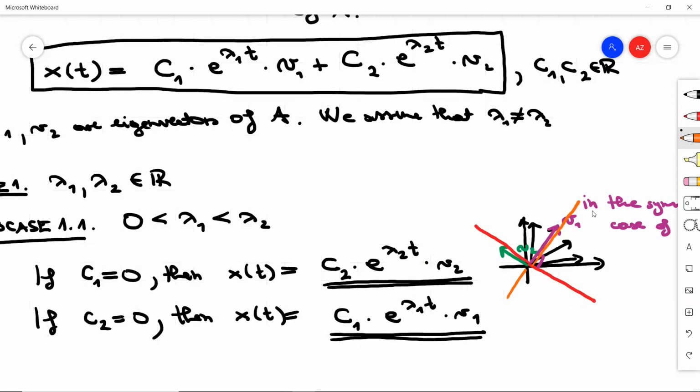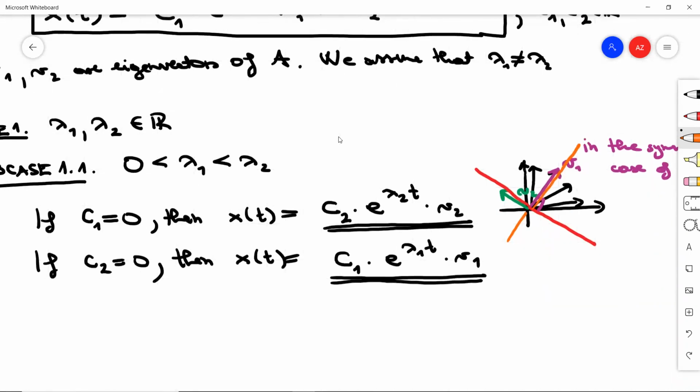Okay, these are two degenerate lines, and then we have to determine different combinations. If you combine C1 and C2, which are non-zero, then we get different solutions. Let's say now that C1 and C2 are not zero.